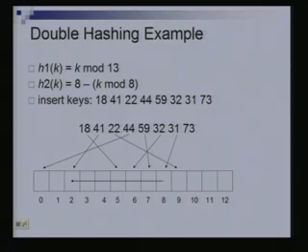That's occupied. So 2 plus 7, 9. That's also occupied. 9 plus 7, 16. 16 mod 13 is 3. So it goes to this location which is unoccupied. So it ends up here. So this is how the elements would be distributed in the table. Is this clear to everyone?